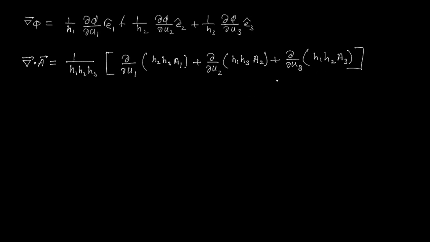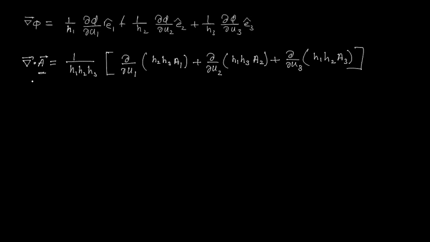Okay, so using these definitions you can define the divergence of this vector A in any coordinate system, either in rectangular coordinate system or in spherical polar coordinate system or in cylindrical coordinate system. So which coordinate system you have to use will depend on the question paper. So if A is given in rectangular coordinate system, then you have to put the values of h1 h2 h3, u1 u2 u3 in terms of rectangular coordinates x y z.